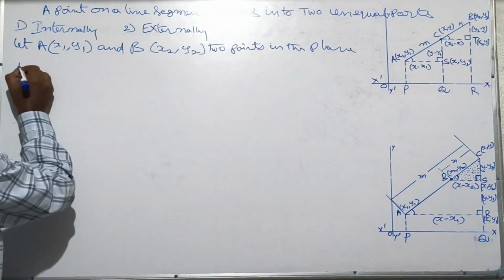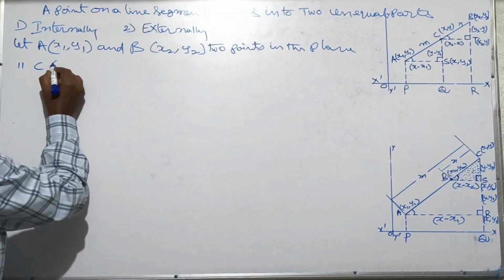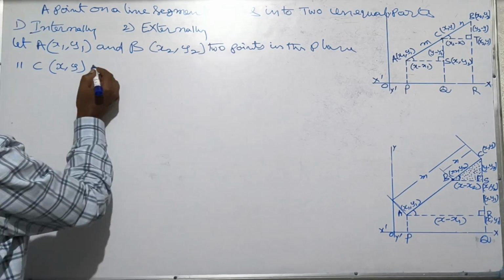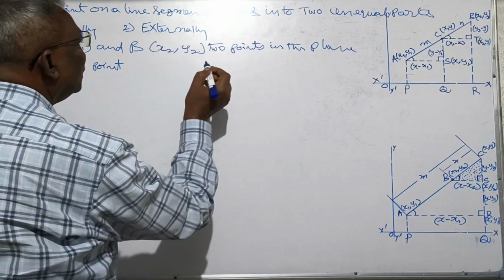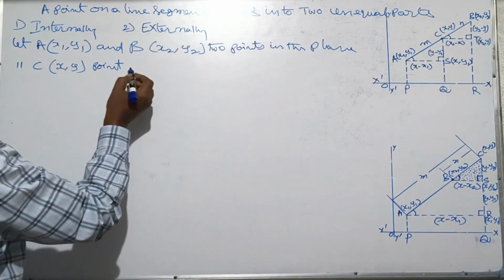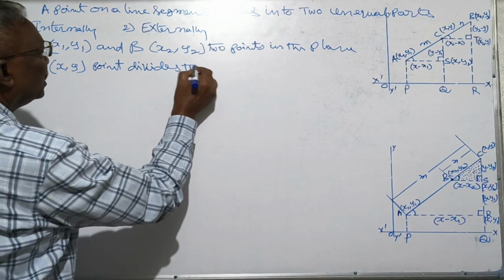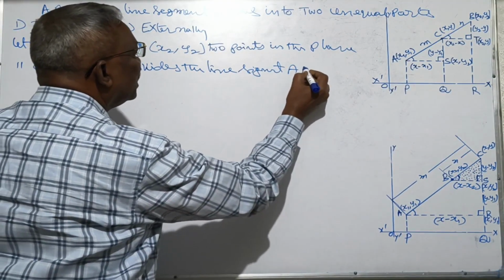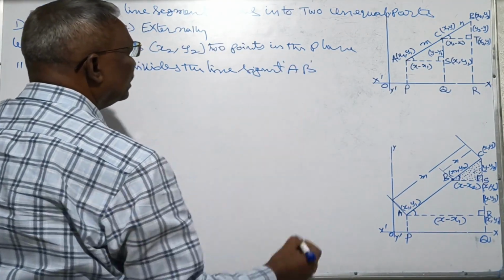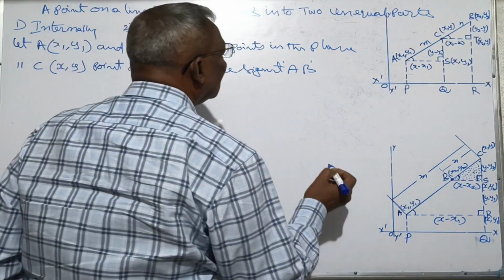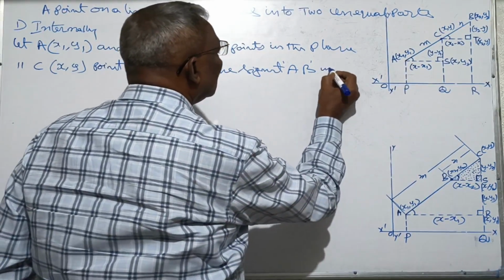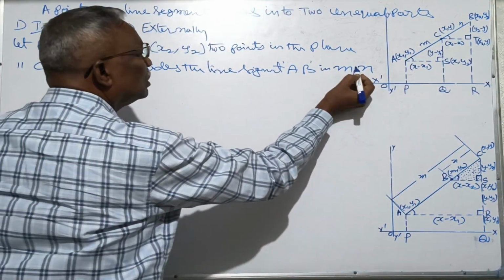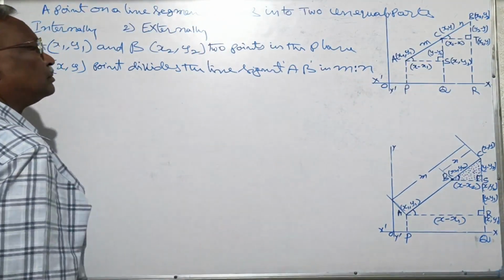Next, let C(x, y) be the point that divides the line segment AB in m is to n ratio.